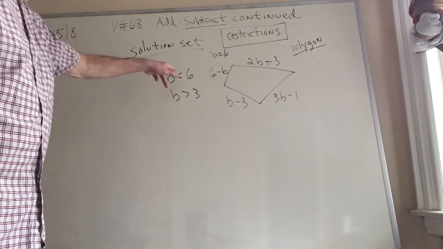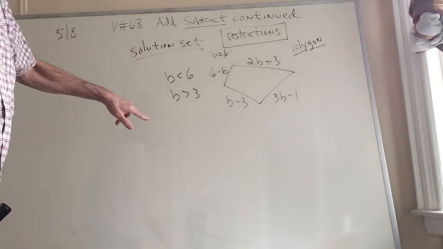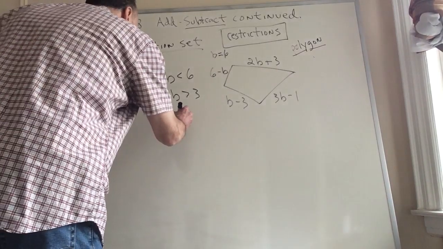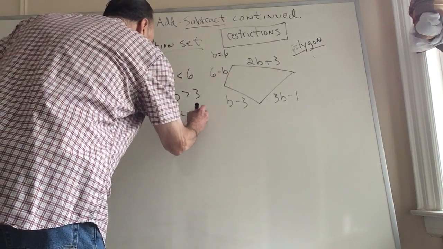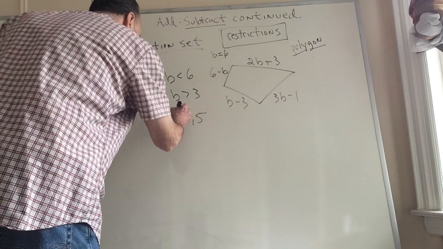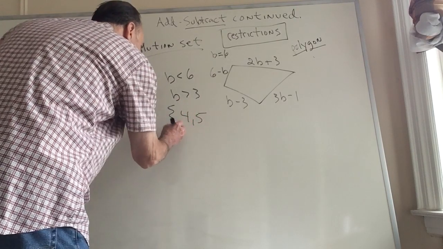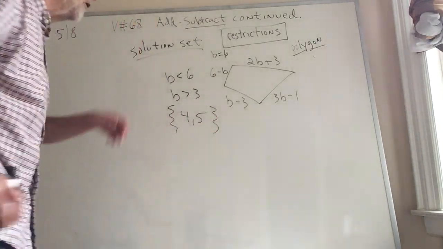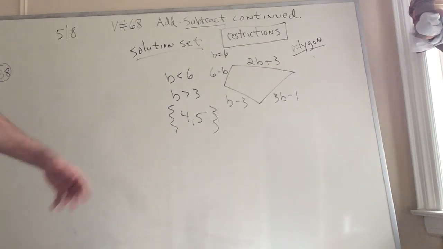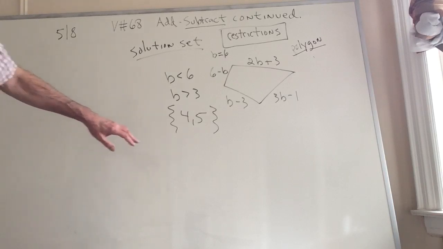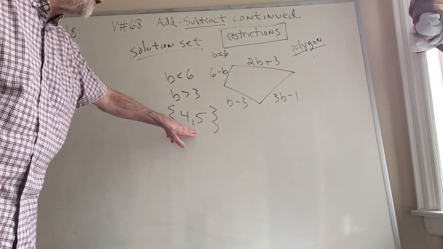So if b is less than 6, and at the same time b is greater than 3, and we just say we're going to use whole numbers here, or positive numbers, then the solution set, notice the bracket, is 4 and 5. Those are the only numbers that work if we accept whole numbers, right? Every other number fails. And this is called a restriction. And this is called the solution set.